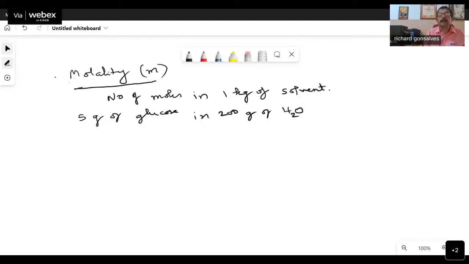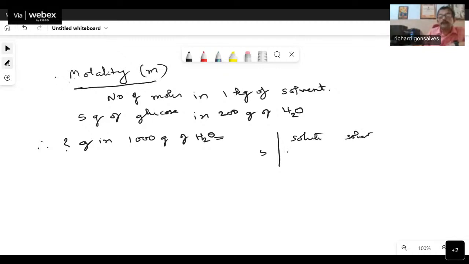Let us see. What is the molality I want? 5 grams in 200 grams of water. Therefore, how many grams in 1 kg, that is 1000 grams of water? Can you find out? It is simple. You can say solute here, solvent here. Solute is 5 grams, solvent is 200.